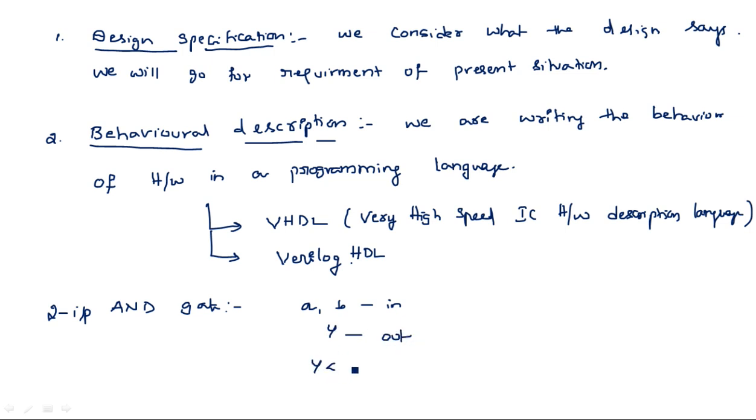Then simply Y is equal to A and B. This is the way to write the VHDL code for a 2-input AND gate with output Y and inputs A and B. In VHDL, the input and output ports are separated, and the behavior of the code is written in architecture.